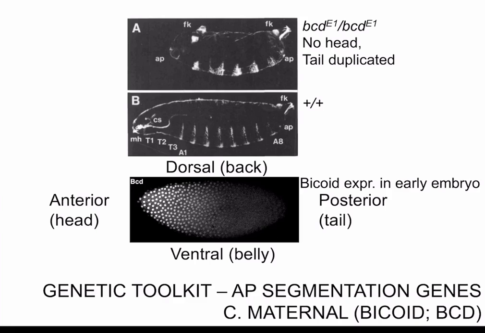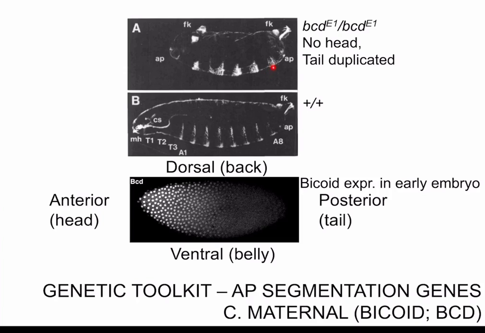One important type of mutant that was identified through this mutant screen was in fact a maternal mutant. And the name of this maternal mutant is Bicoid, abbreviated as BCD. Now, if we compare the larval cuticle pattern of an embryo produced by a mother who is homozygous for the mutant allele of Bicoid with an embryo whose mother is wild type, we can see that the entire anterior half of the embryo, so everything anterior of abdominal segment A5, is missing.